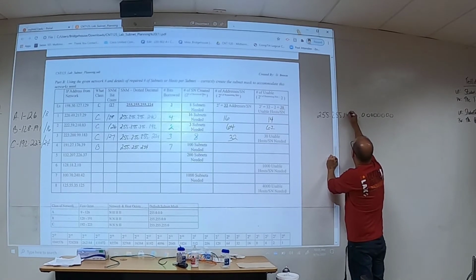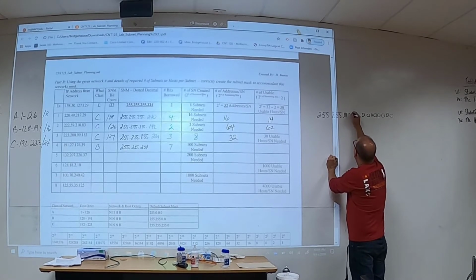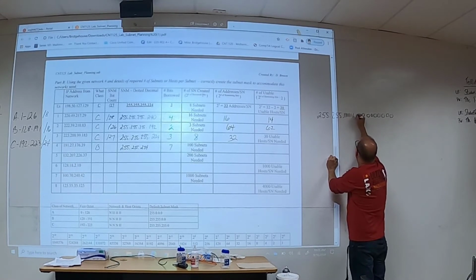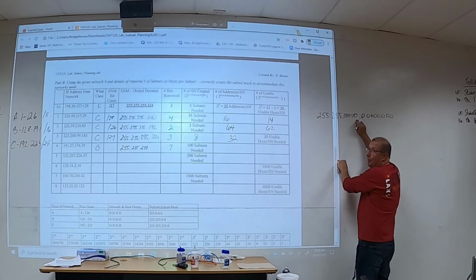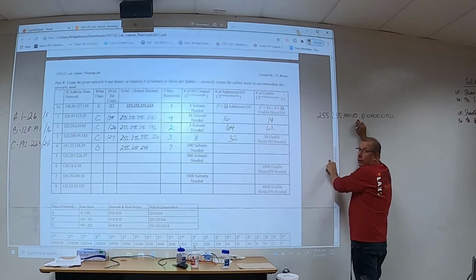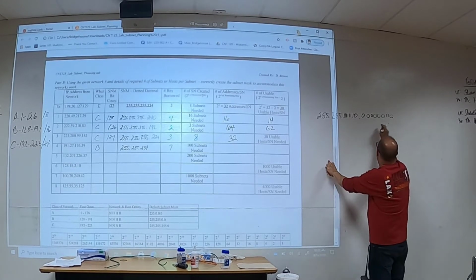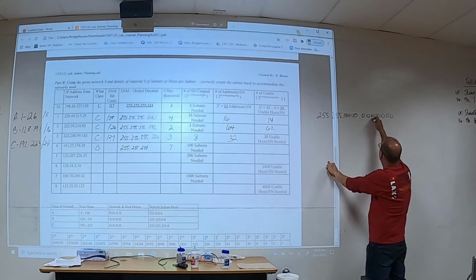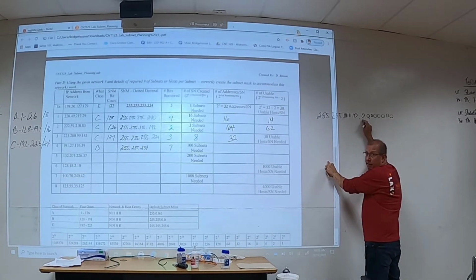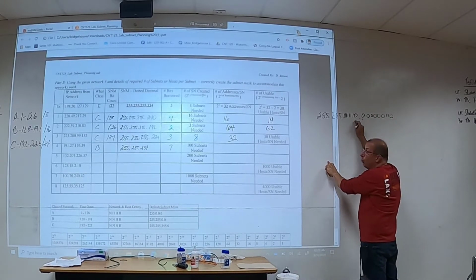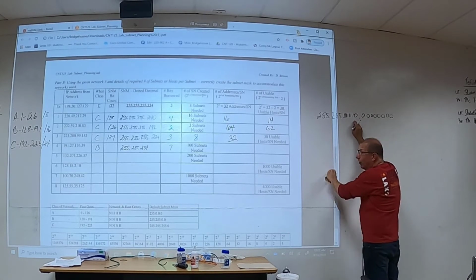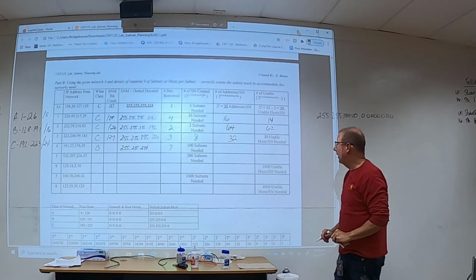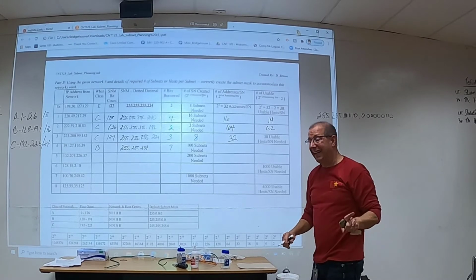We're going to borrow 1, 2, 3, 4, 5, 6, 7, and not borrow the last bit in the 3rd octet. Okay? Which means I have 1, 2, 3, 4, 5, 6, 7, 8 in the 4th octet we didn't touch, and 1 bit in the 3rd octet that we didn't touch. So that's 2 to the 9th.